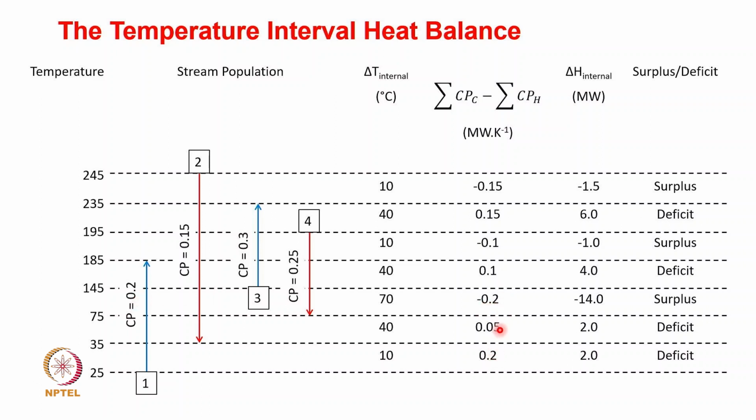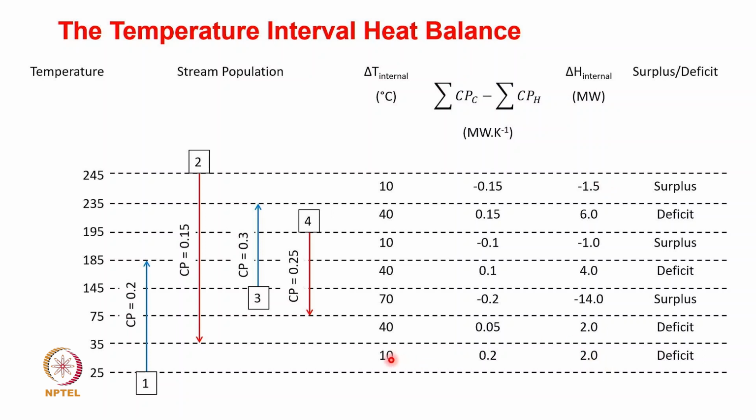So this is how you develop the CP differences, or delta CP, and multiplying the delta T by the delta CP gives you the delta H of the interval. You can see that 10 times minus 0.15 would be minus 1.5, and for instance 10 times minus 0.1 is minus 1, and you develop this particular column.